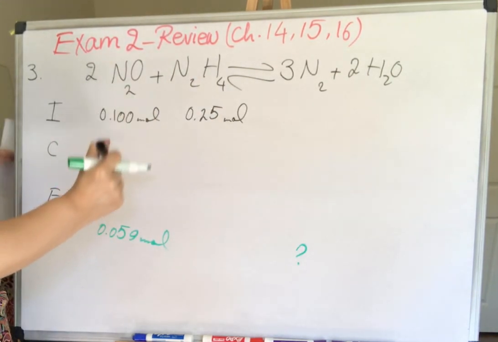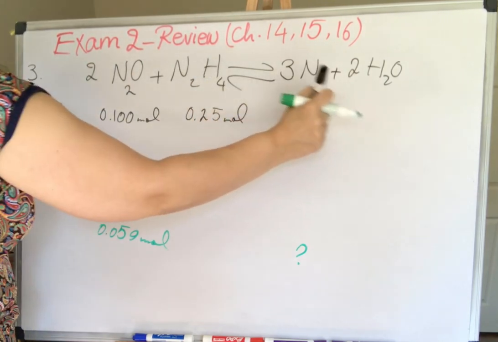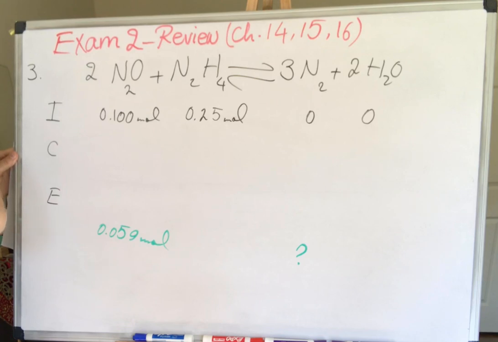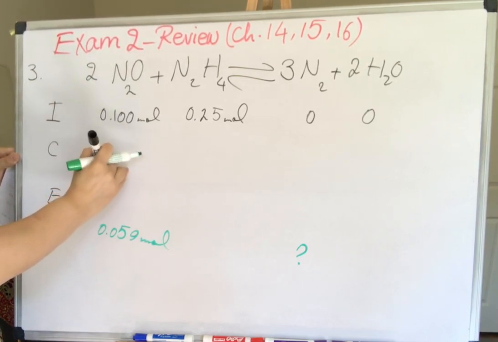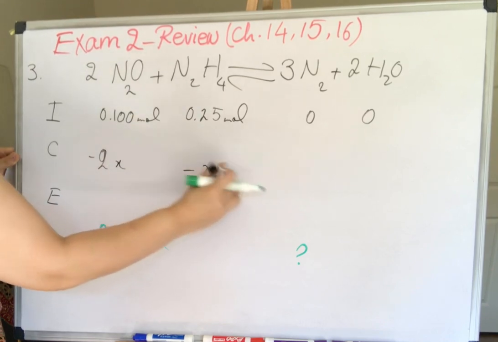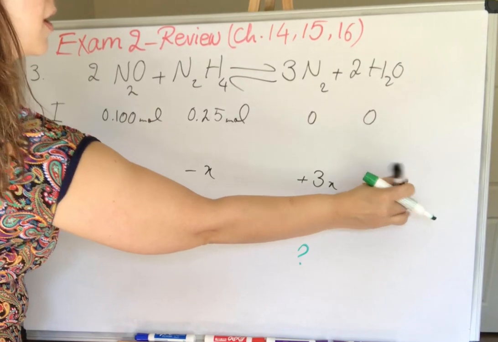So let's see what is the situation of the system. At the beginning, nothing, and during the change you have minus 2x, minus x, plus 3x and plus 2x.